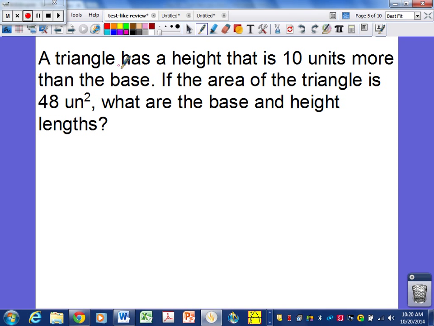Okay, a triangle has a height that is 10 units more than the base. So height equals base plus 10. So area equals 1/2 of base times height. So the base is just b, and the height is b plus 10.